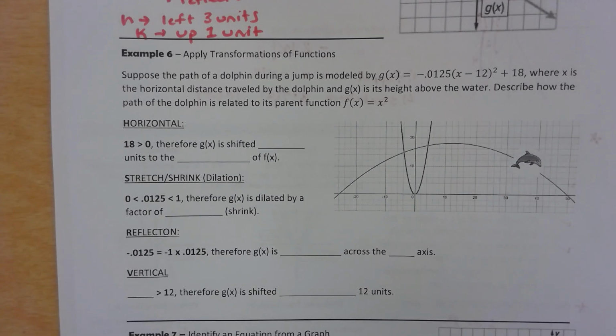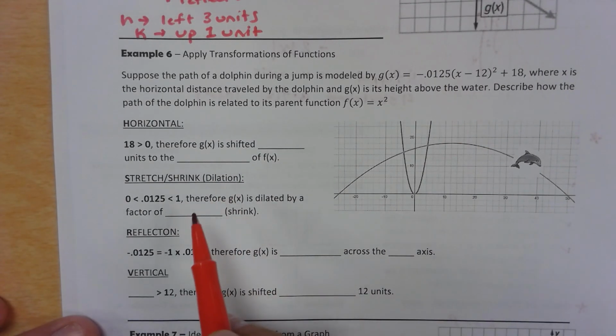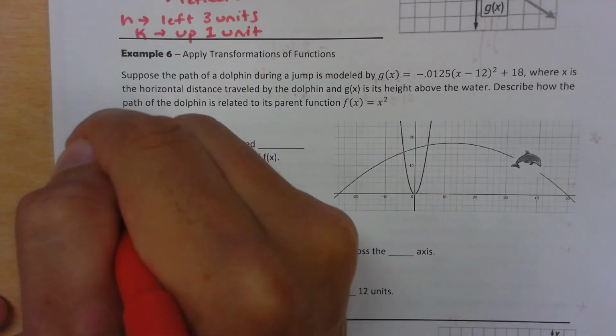All right. So let's do it in order of transformations. Horizontal, 18 is greater than 0. Oh gosh, that's not the right one at all. I meant to put 12 here.